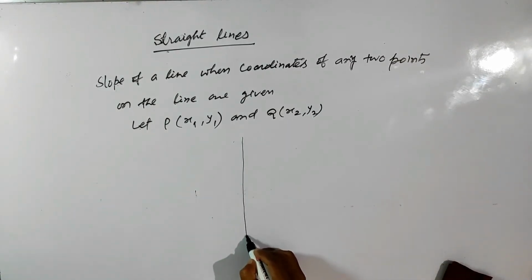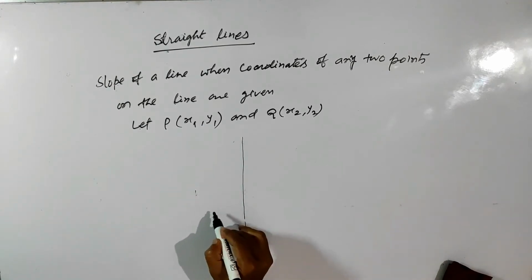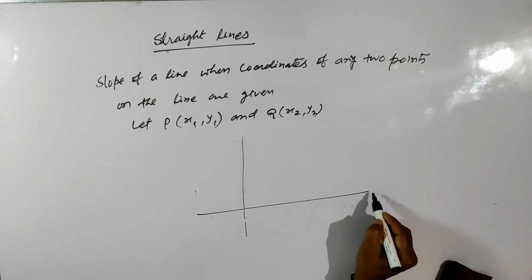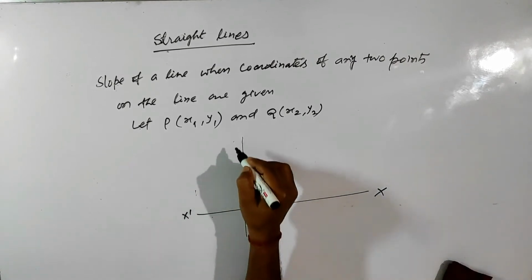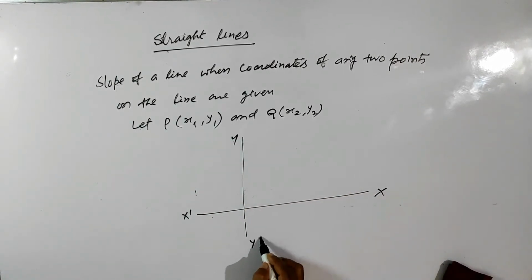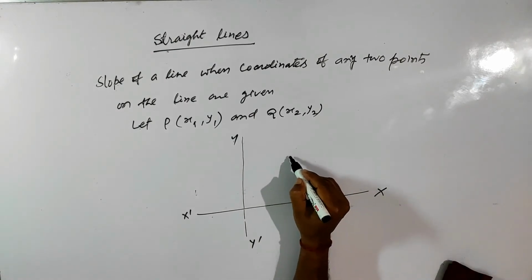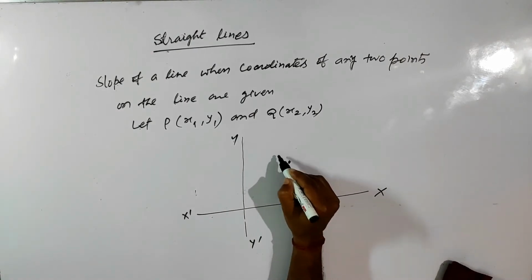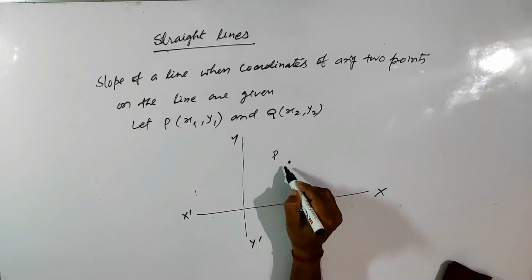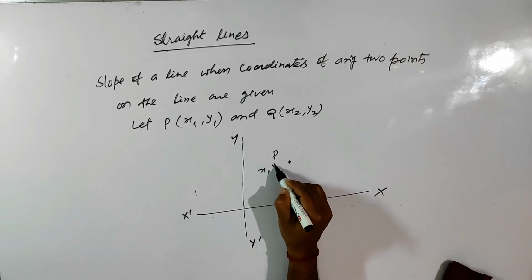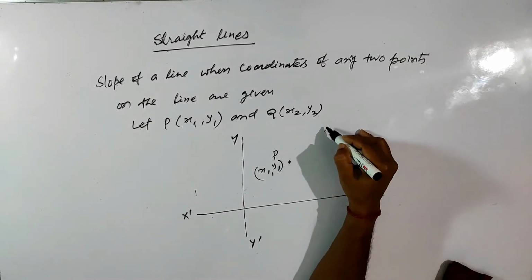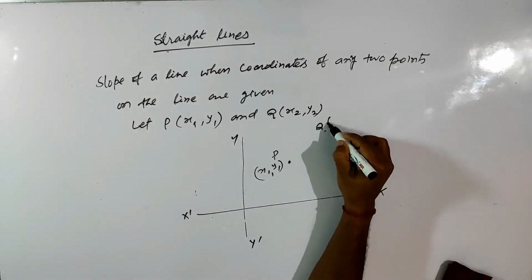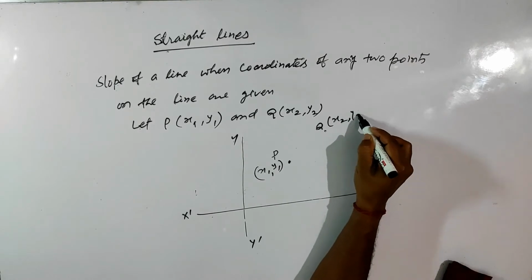Represent these points in the coordinate plane. Consider a point P, its coordinates (x1, y1), and point Q, its coordinates (x2, y2).